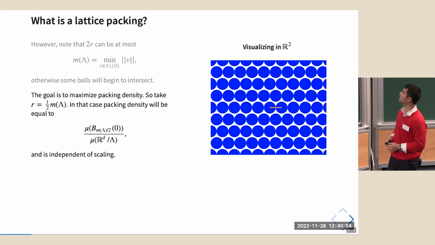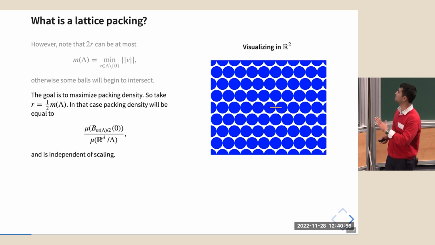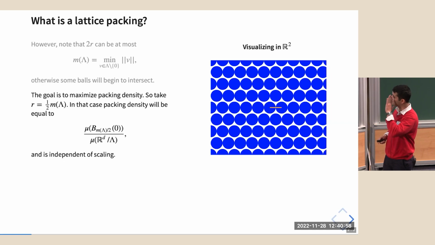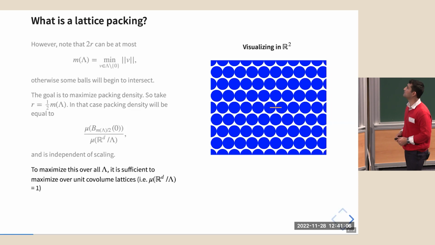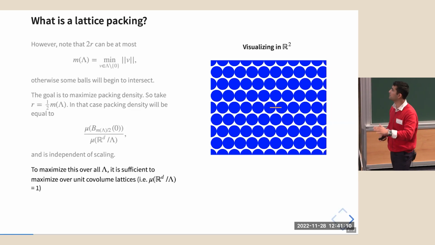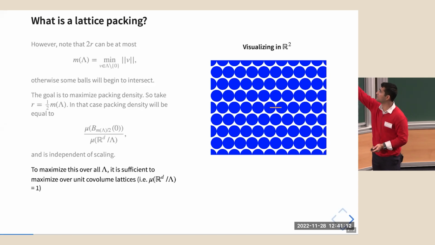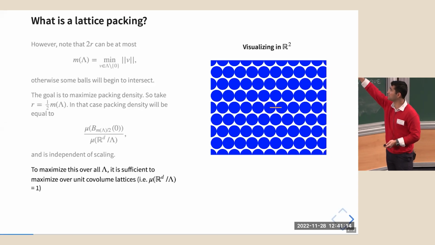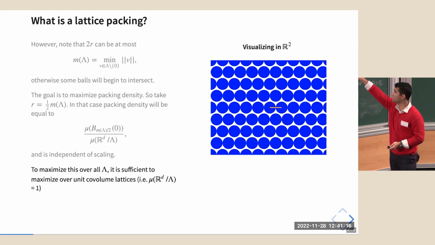So you take the radius of the ball to be half of the shortest vector. All right, and then you maximize this over all possible lattices lambda, right? If you look at the quantity over there, it's the volume of the ball divided by the volume of the quotient space. This is invariant under scaling of lambda.